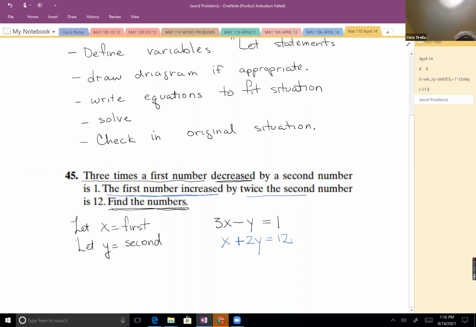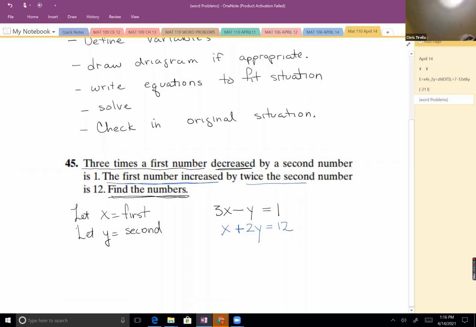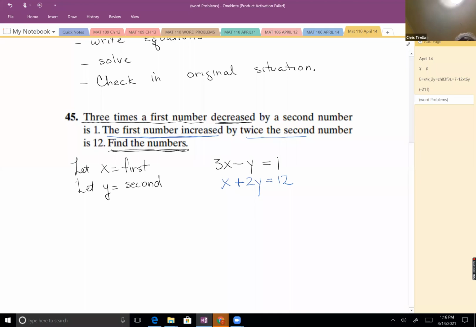And I've got my system. How would you like to solve the system? Substitution or elimination? Elimination. What do you want to get rid of, the x's or the y's? The y's. Okay, to get rid of the y's, what would you multiply that first equation by? 2. Remember to multiply both sides by 2 and distribute.